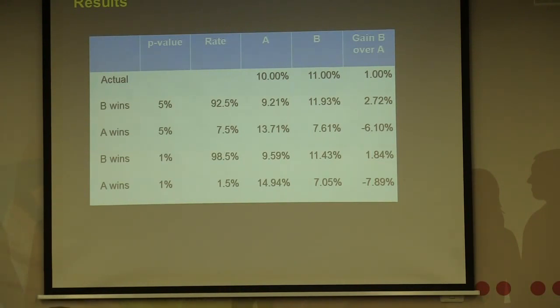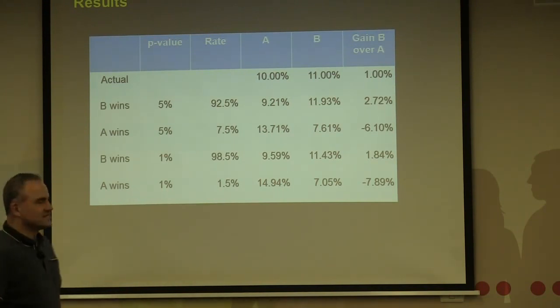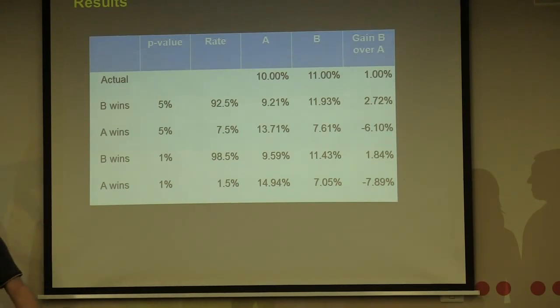Okay? So I compare A to B. Let's say A was my control. I conduct the test and say, well, great results. I'm going to have a 2.72% lift, increment in the conversion rate. I will talk later about lift. That's a different issue, also a problematic issue, but let's talk about this later. But in fact, all I have is 1%.